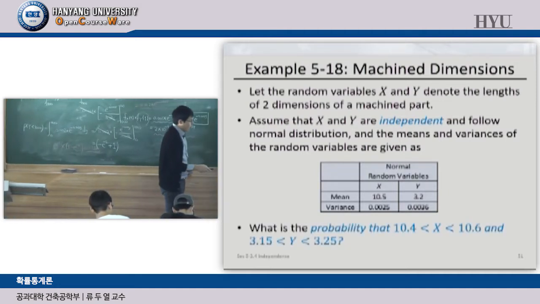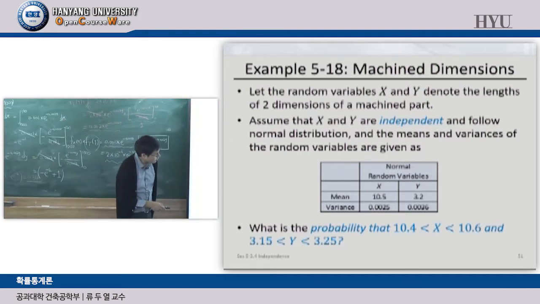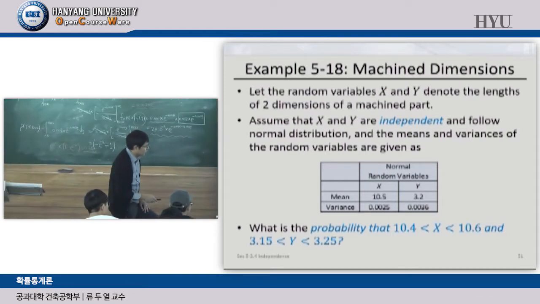The mean is 10.5 for x and 3.2 for y, and the variance is 0.0025 for x and 0.0036 for y. What is the probability that x is between 10.4 and 10.6 and y is between 3.15 and 3.25? That is the question.